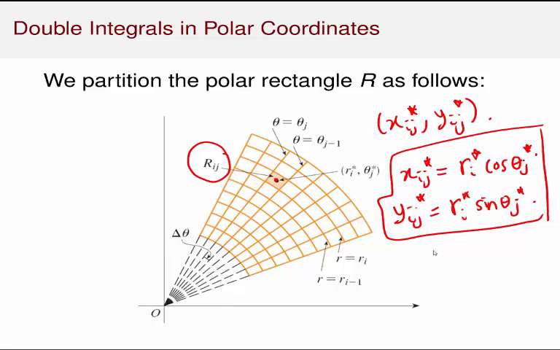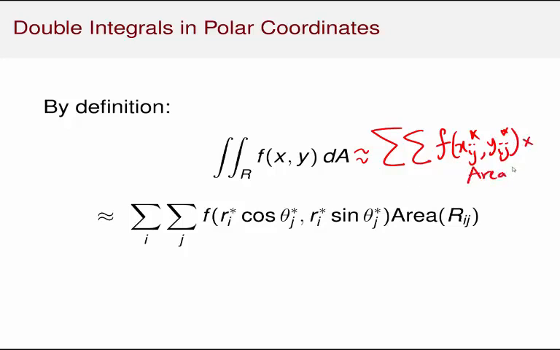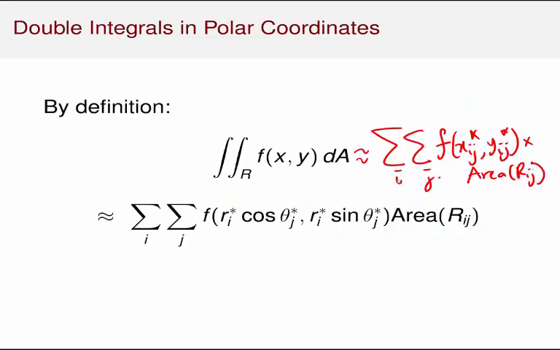So for now, let us look at the double integral over this region R. If you remember, the double integral over R is roughly the double Riemann sum of the function evaluated at the sample point coming from Rij times the area of Rij. Alright, and we are computing this double sum over i and j, so that eventually, as the partition gets finer and finer, the double Riemann sum will converge to the double integral.